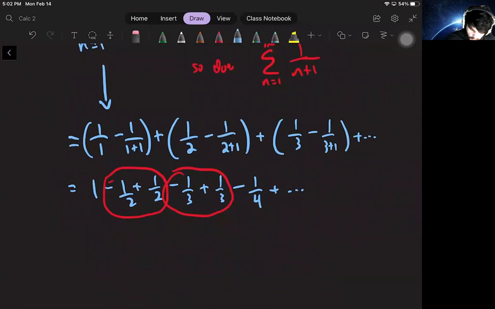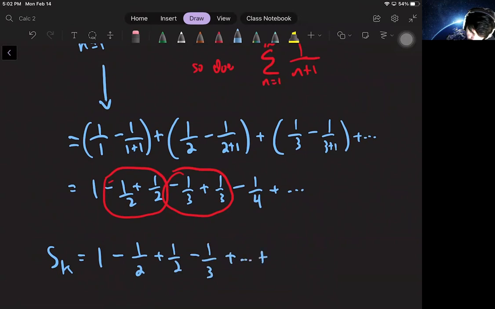So what we do is we just think about the partial sum up to k and stop there, and then we take the limit. So it's going to look just like what I just did, except I stop at the kth term.